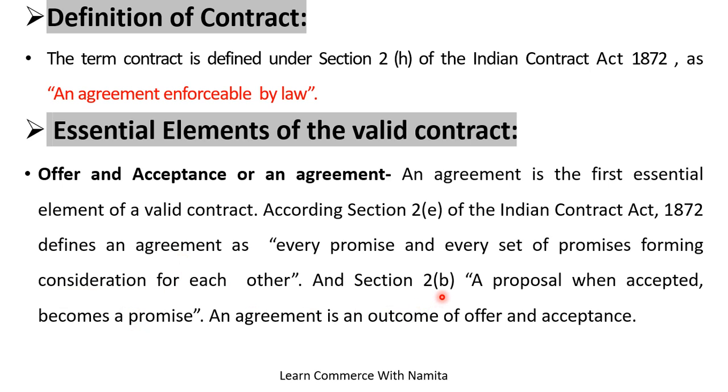And Section 2(b): a proposal when accepted, that means when the offer is accepted, becomes a promise. That's why an agreement is an outcome of offer and acceptance. So this is the most important element of a valid contract. Every agreement should have at least an offer, and that offer should be accepted by the other party.